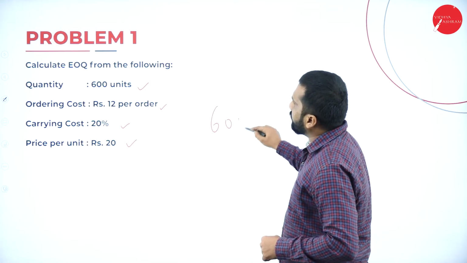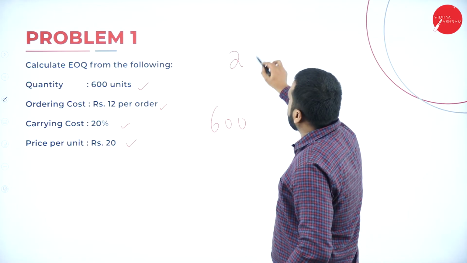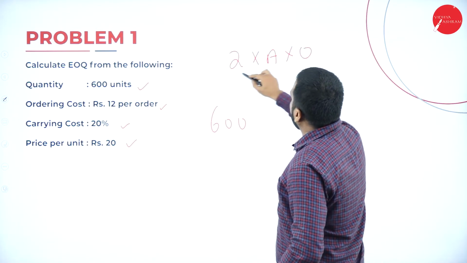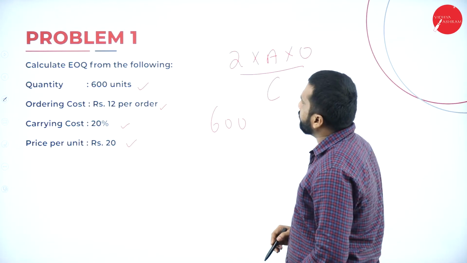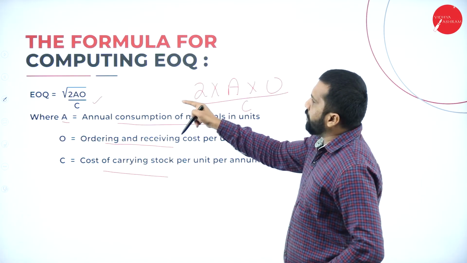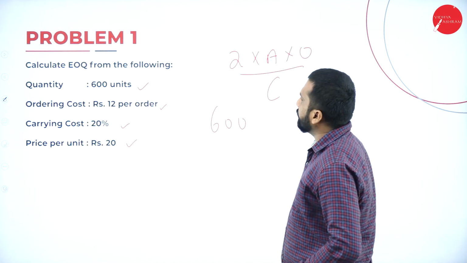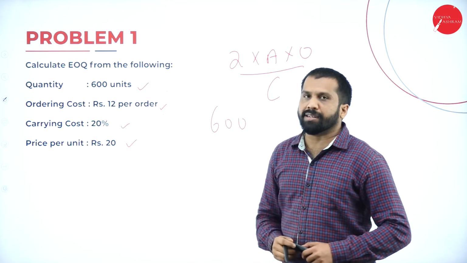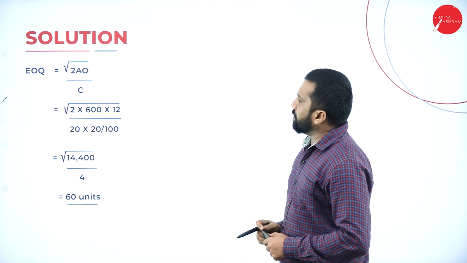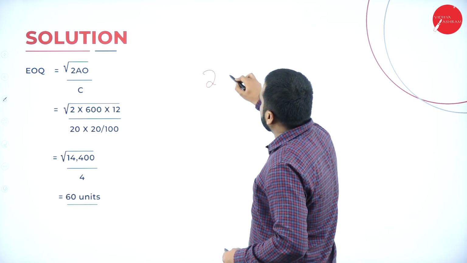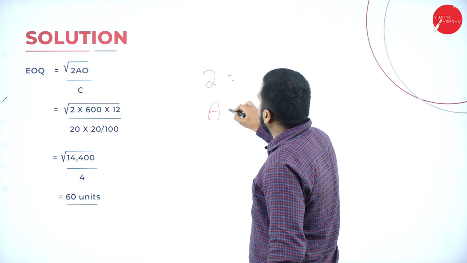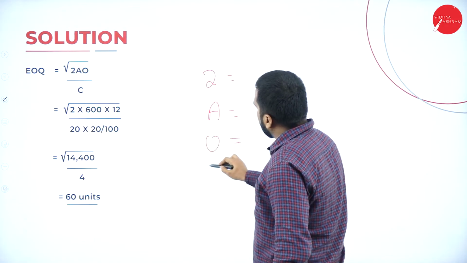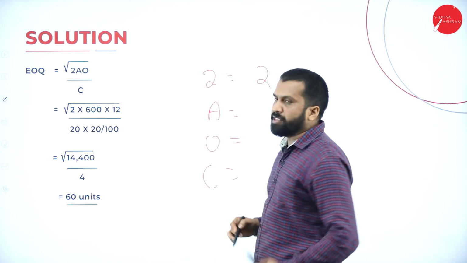Now, quantity we have 600. So what is the formula? 2AO whole divided by C. Now, we have 600, 12, 20% and 20. The 2 is always 2 only.